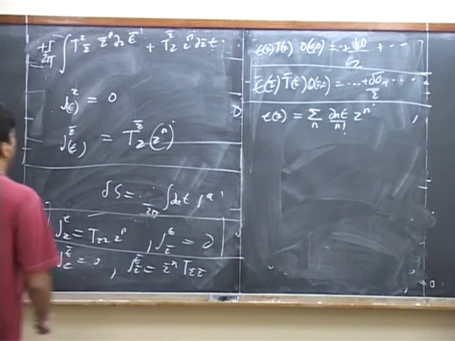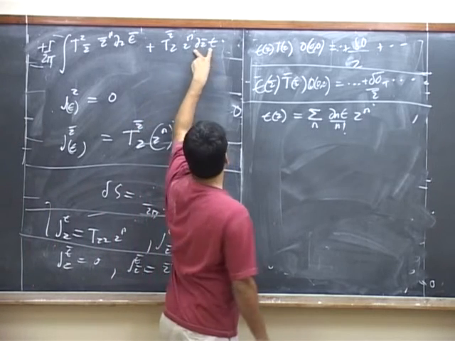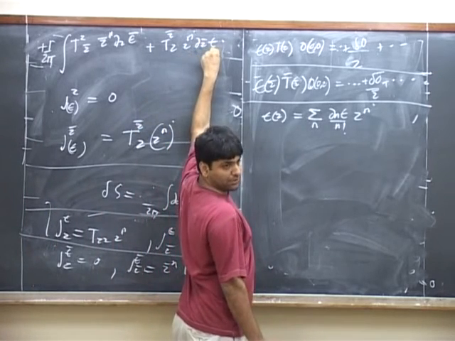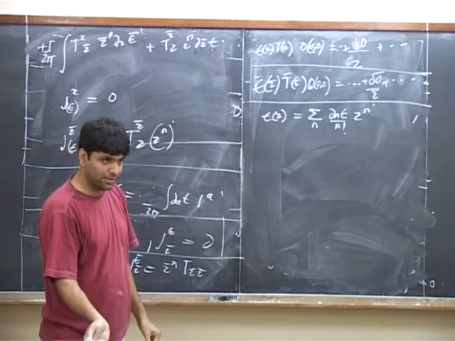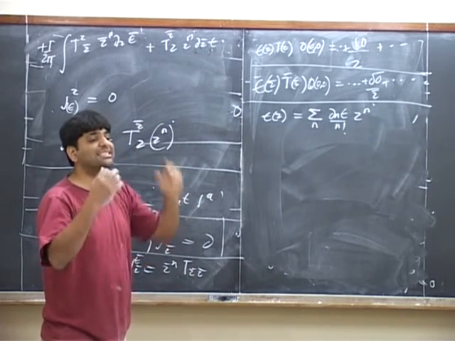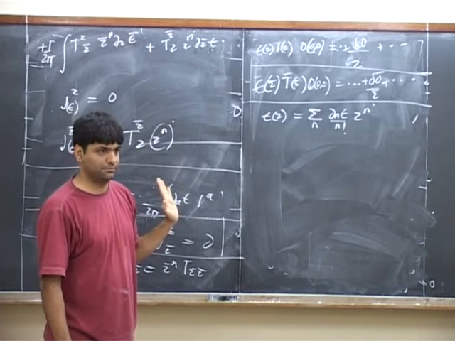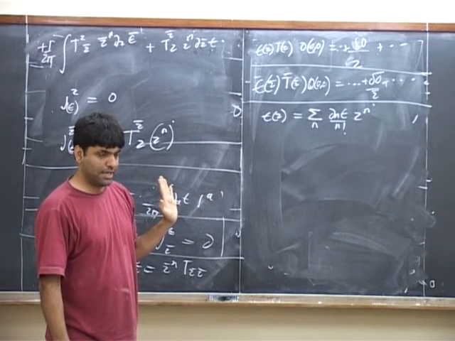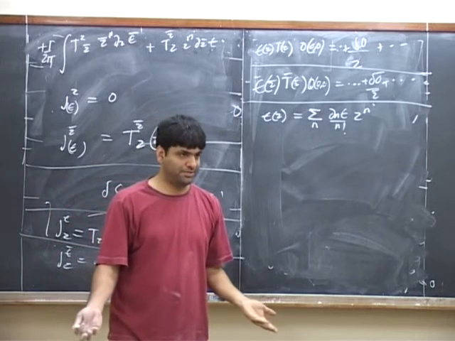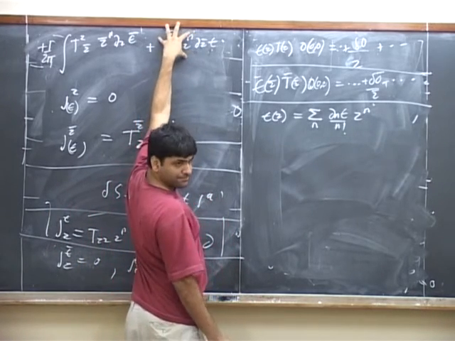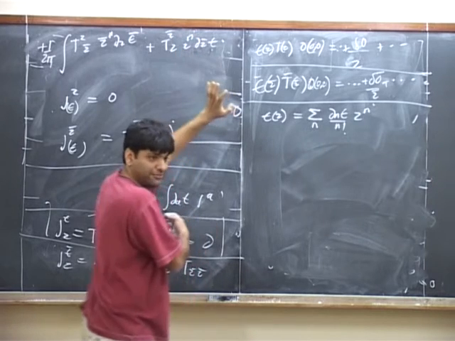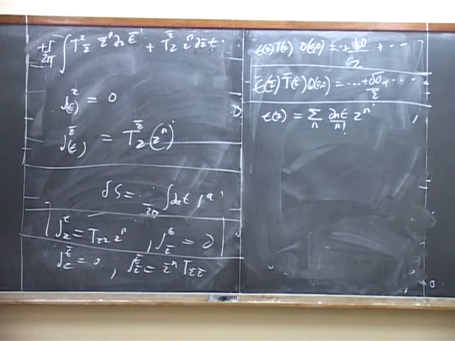You see, what appears here is the z bar delta to x. That tells me that the current corresponding to epsilon has only a j_z bar with an upper index, and therefore only a j_z with a lower index. And what is that component? Well, it's this. So there's no choice. I'm just reading off the components. Is this clear?